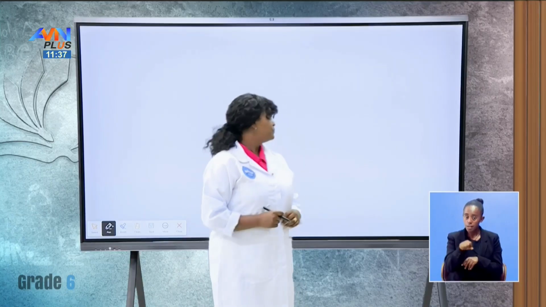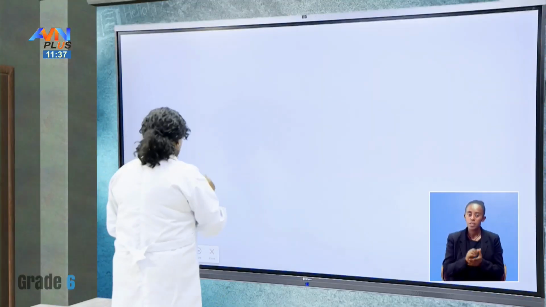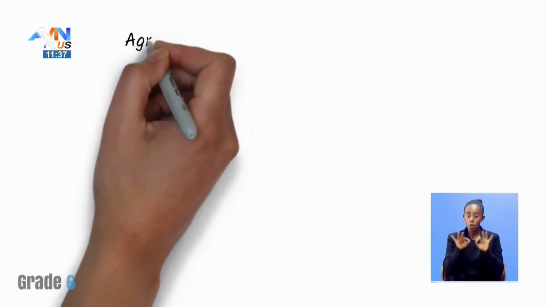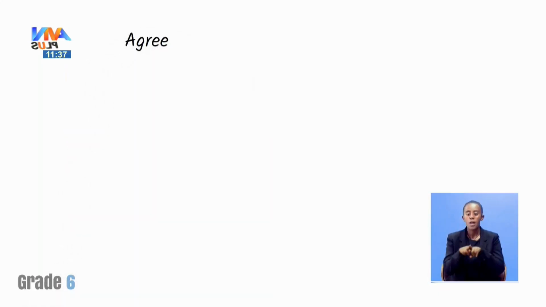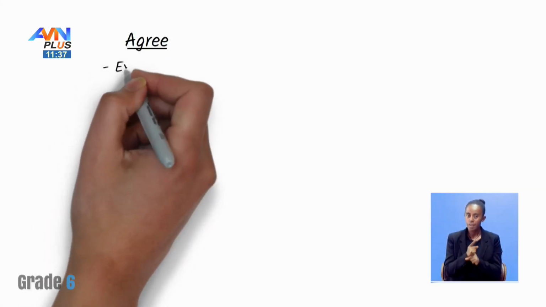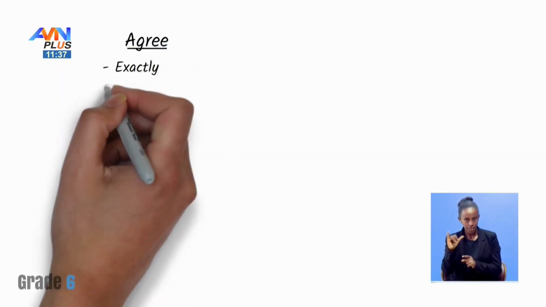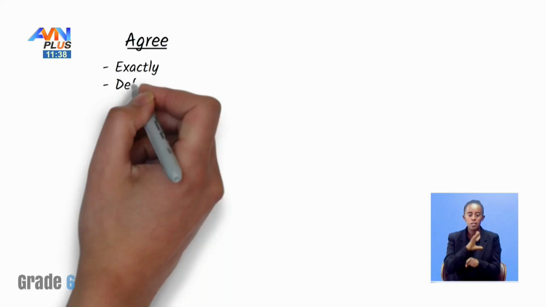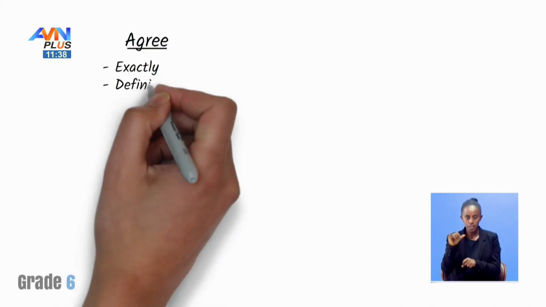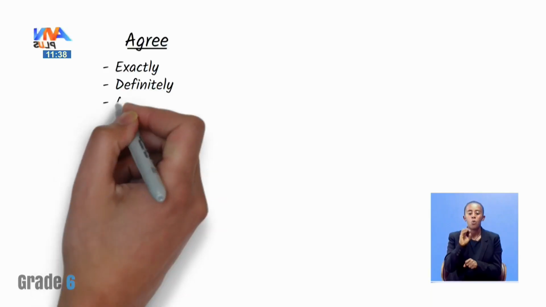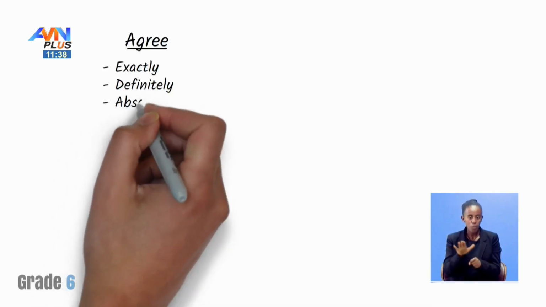For example, the phrases that are important for agreement. How do you agree? You say what? Exactly. Definitely. Absolutely.